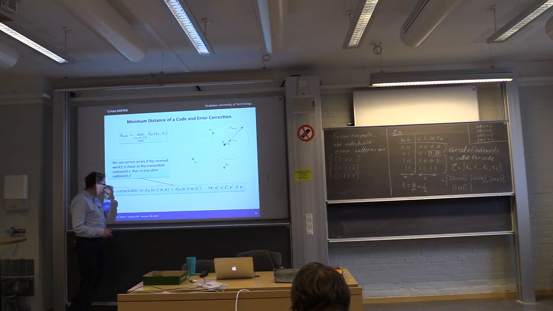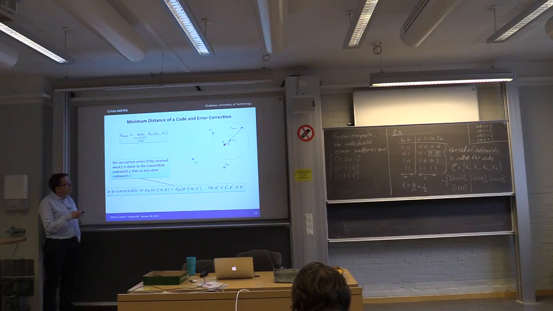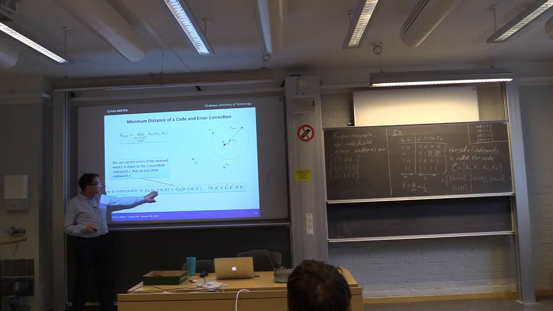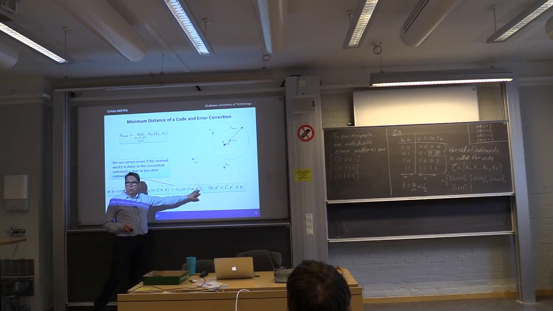Okay, so I'll take that again, right? What we do here is that given Y, we decode to the closest code word. Okay? We make a correct one if the closest code word is what was actually transmitted. And that is guaranteed if the distance to the transmitted code word is less than the distance to any other code word.